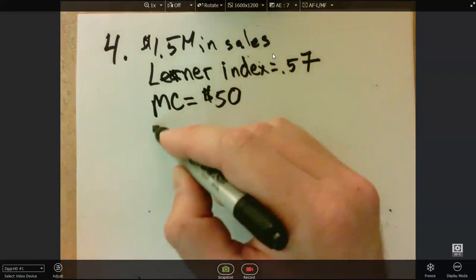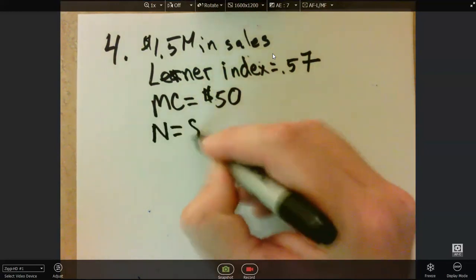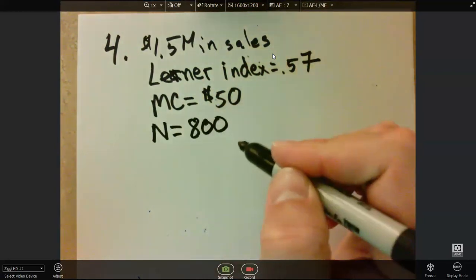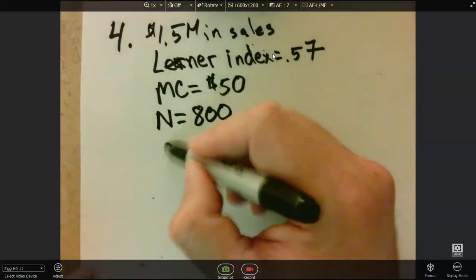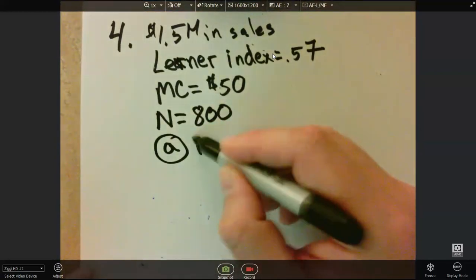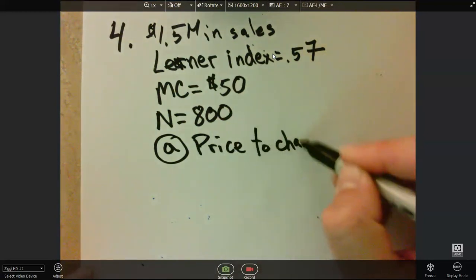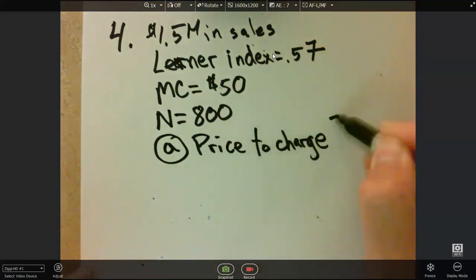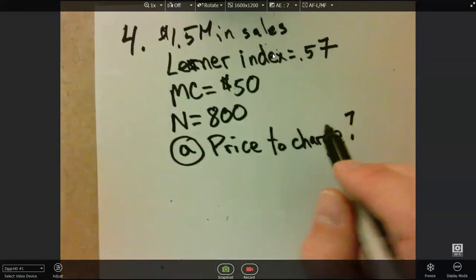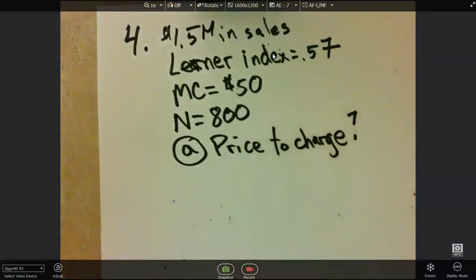The number of competitors is 800. And we're asked, what is the price that they would charge? So we can use our Lerner index formula.